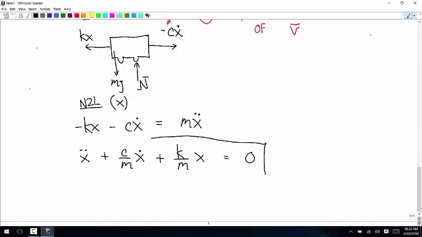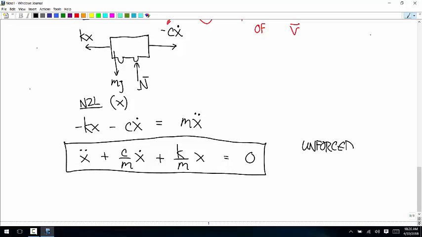And this is the governing differential equation for an unforced, damped spring mass system.